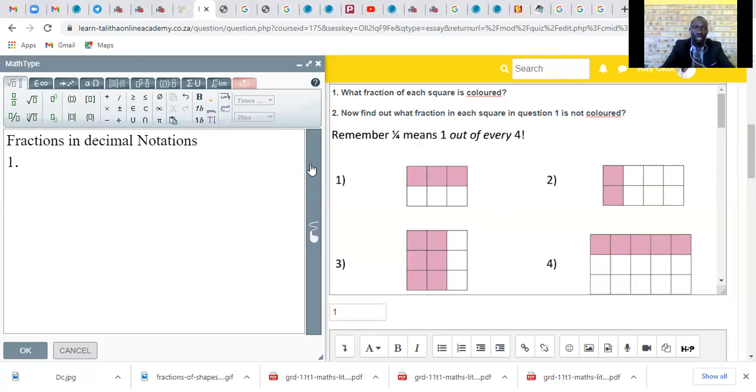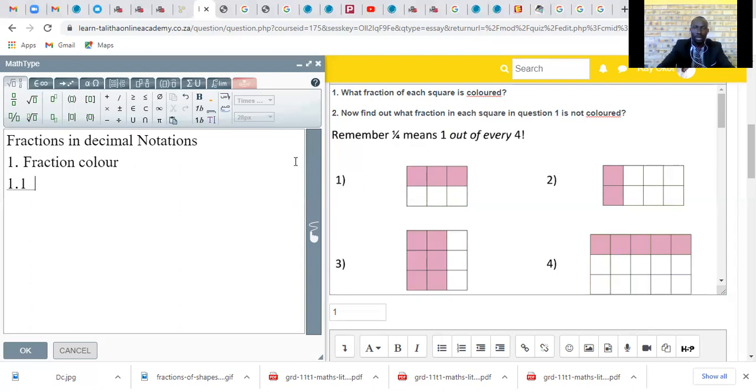Before we get to 1.1, we are looking for the fractions of the squares that have been colored, that is, part of these squares that I have drawn right here.